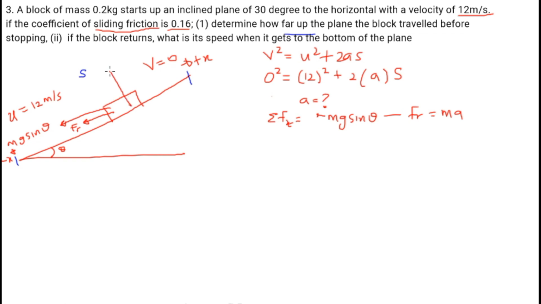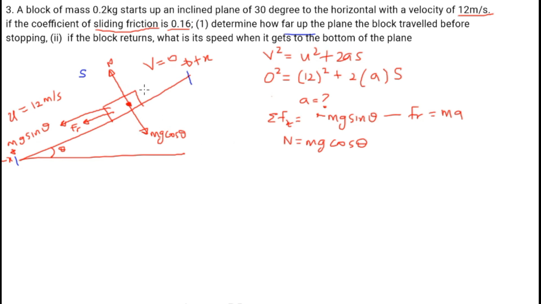Notice that there will be a normal force n, and then there will be a vertical component of the weight, which is mg cos theta, as we have proven in the initial problems, so that n will be equal to mg cos theta. The forces on the vertical axis are balanced, only n and mg cos theta.